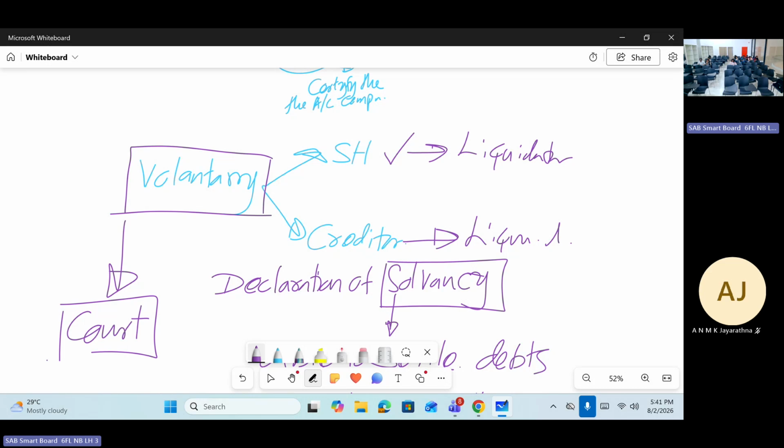The court will intervene in the liquidation and monitor the affairs of the company. So that is treated as liquidation under supervision of the court.